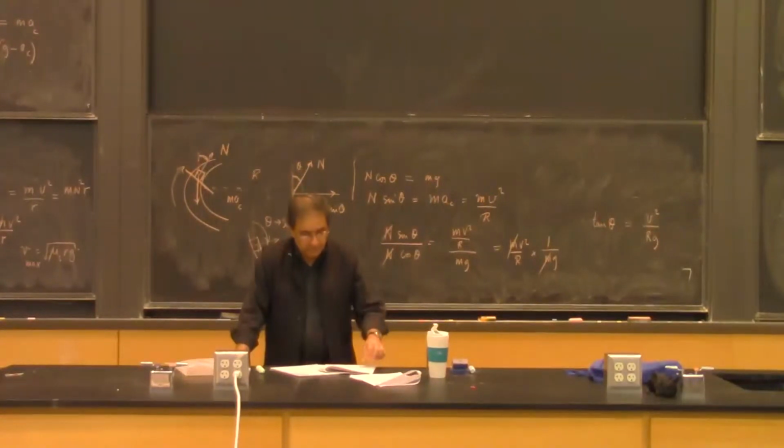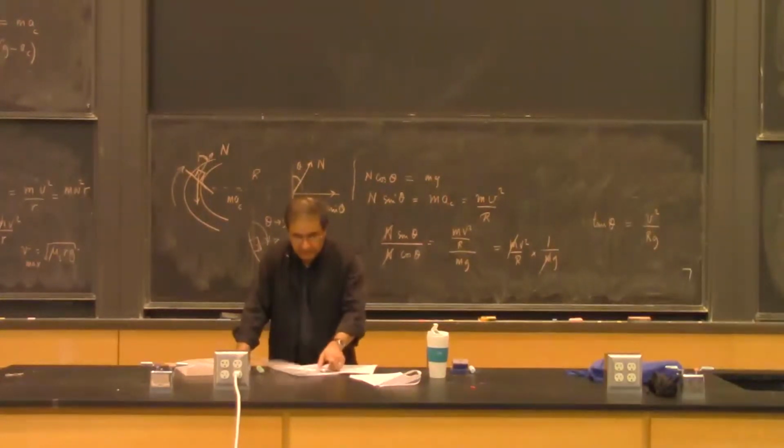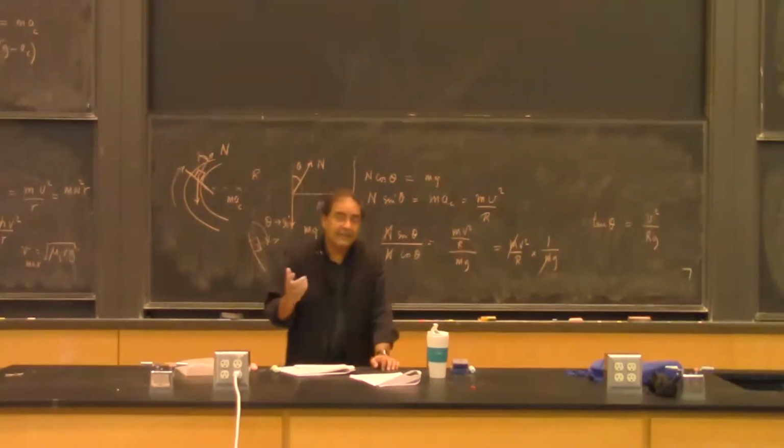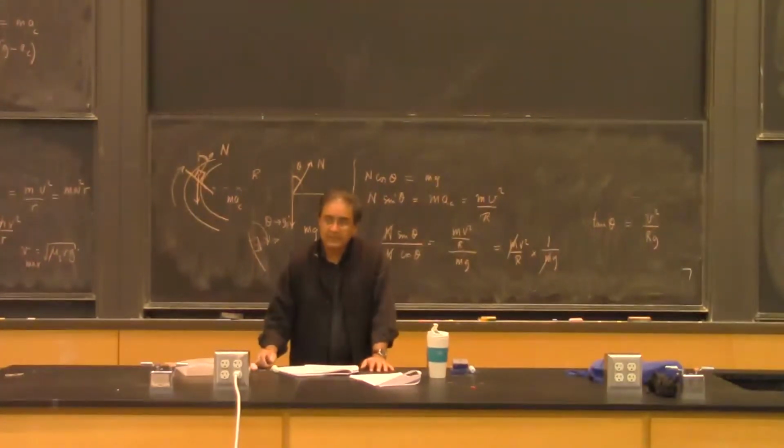And historically, a great deal was learned about the gravitational force by looking at the planets. These were the early measurements done by Tycho Brahe and Nicholas Copernicus, and Johannes Kepler, who was Tycho Brahe's assistant.